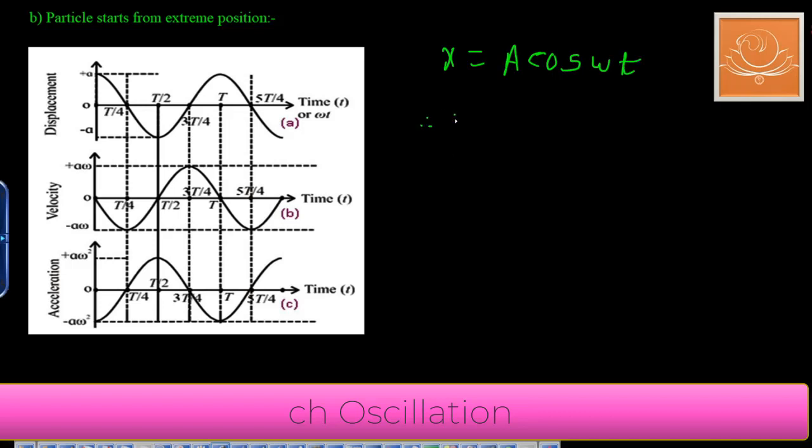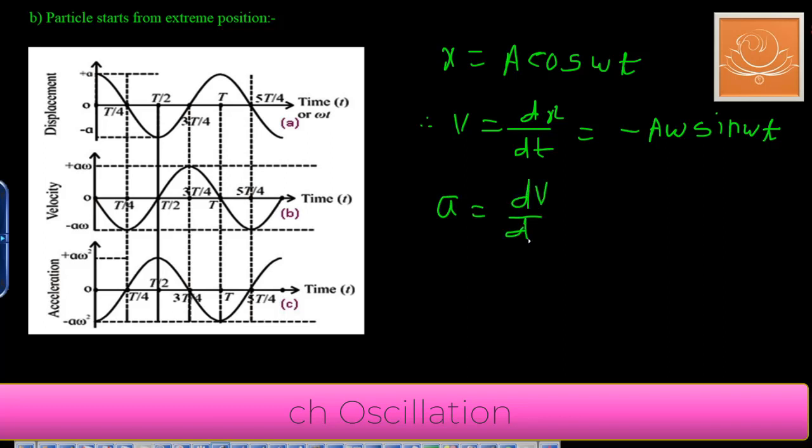Hence the equation for velocity is dx divided by dt, which is equal to minus a omega into sine omega t, and acceleration a equal to dv divided by dt, which is equal to minus a omega square into cos of omega t.